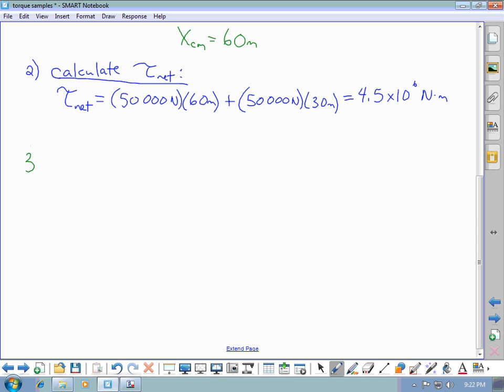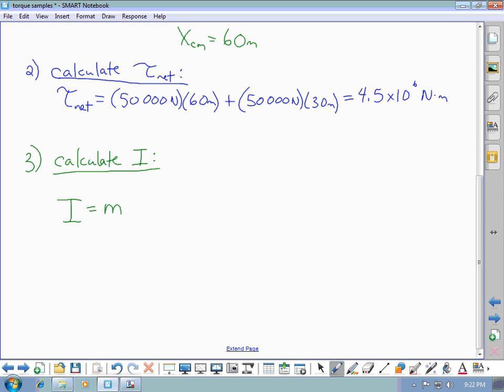So to find the rotational inertia, the rotational inertia of a point mass is mr squared.